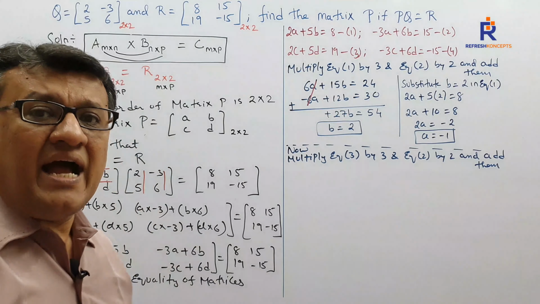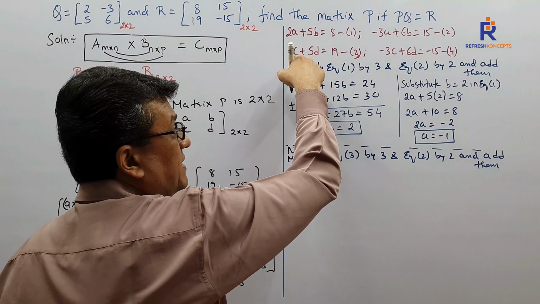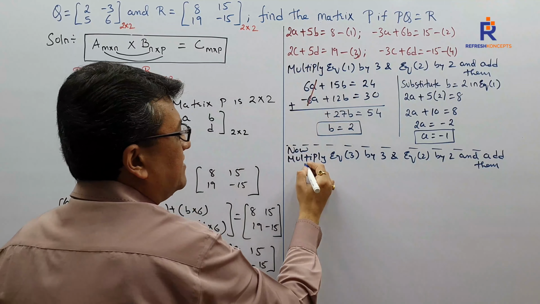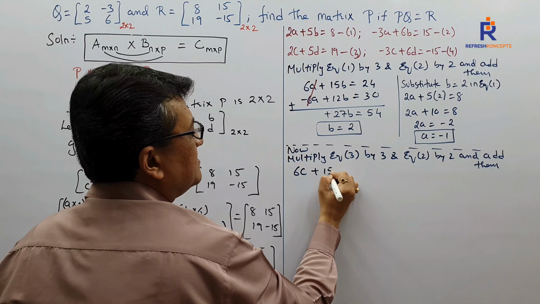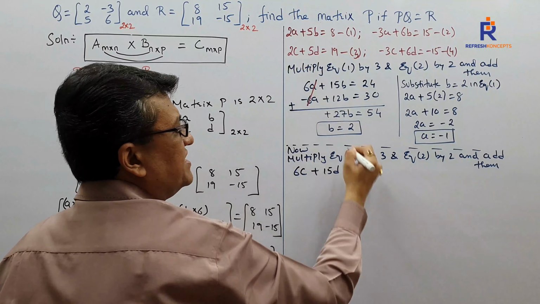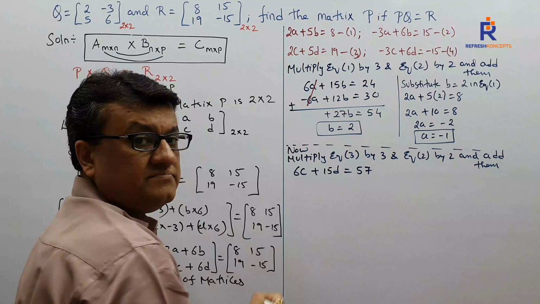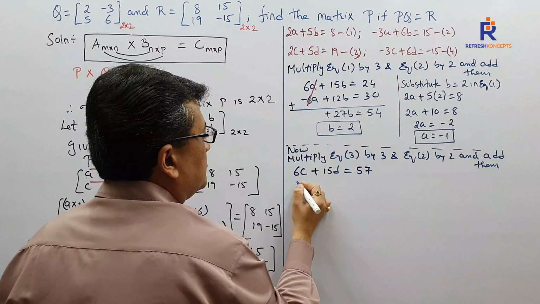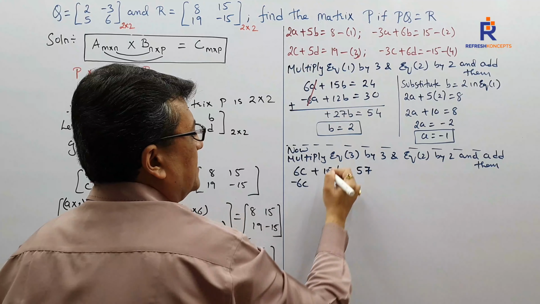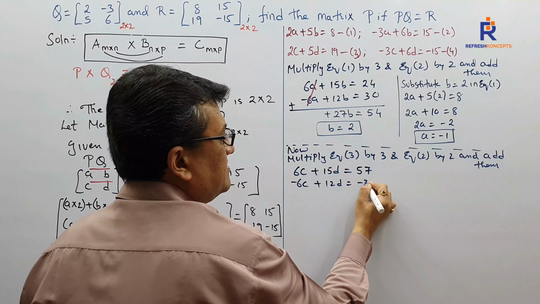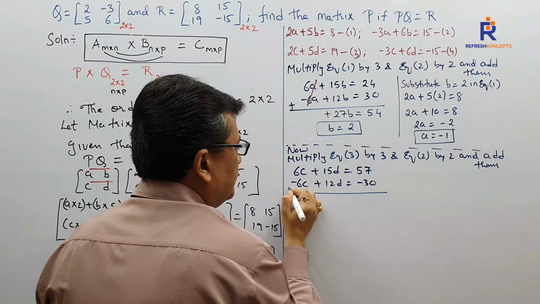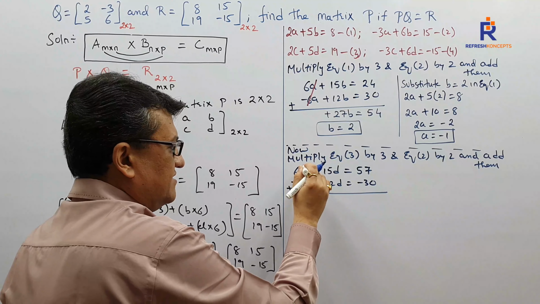When I add them, first of all I multiply. So when I multiply this by 3, this will be 6C plus 15D is 19 threes are 57. Multiply this by 2, minus 6C plus 12D, multiply by 2, so it's minus 30. Adding them, it cancels off.